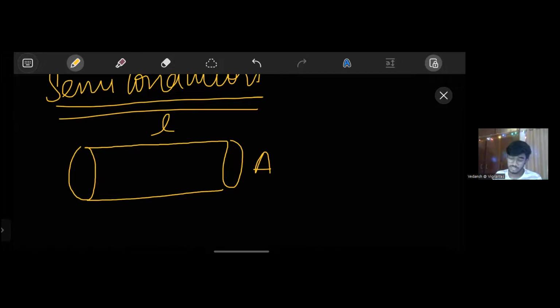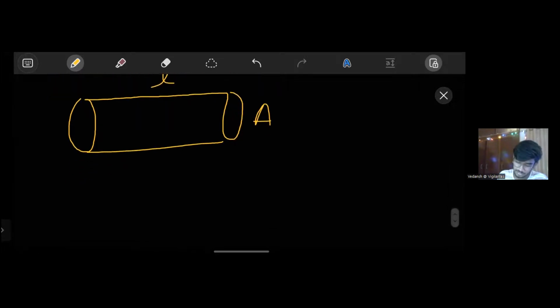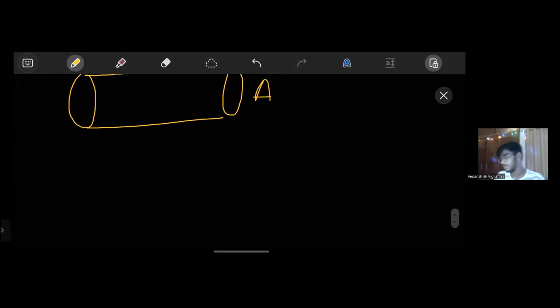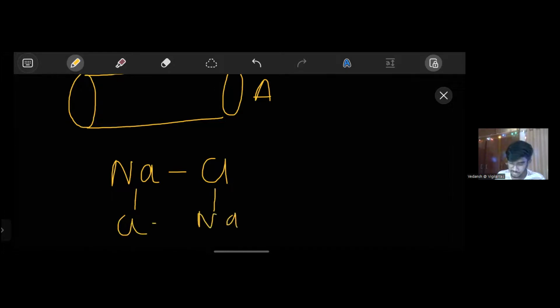But what happens there? Let us take an example of NaCl. Now, NaCl is bonded like this. And then another chlorine, then another Na, then these bonding together, then another chlorine, then another Na, in such fashion it is bonded. Okay.